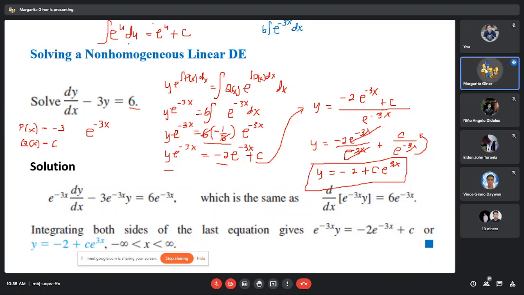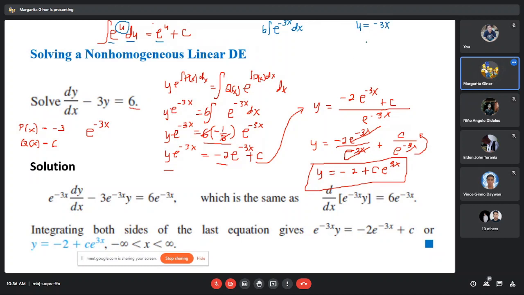Your final answer will also be the same as this one. But when you solve an antiderivative, we always get the value of our u. So what is the value of u here? Minus 3x. So our u is equals to minus 3x.